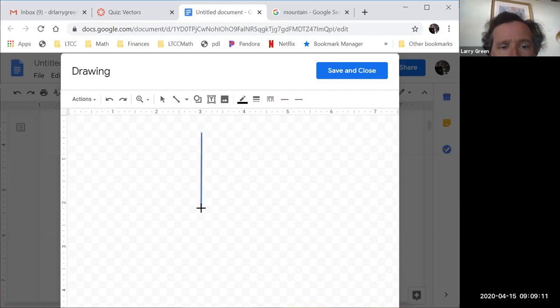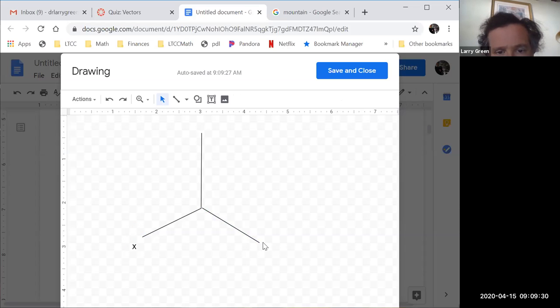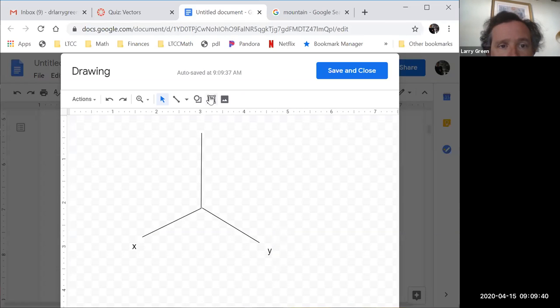Remember, you do that by drawing these 3 line segments of equal angles. I'm going to label them XYZ. And remember, you always have this left one as X. This right one is Y. And the top one is Z.